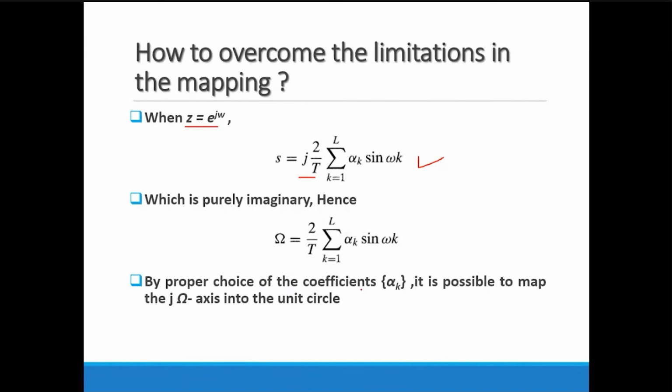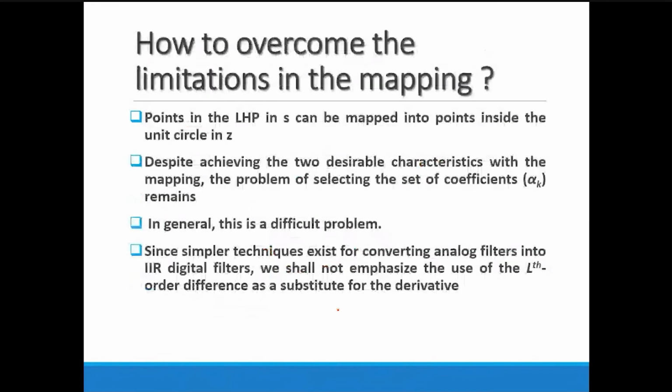By proper choice of the coefficients alpha k, it is possible to map the j omega axis into the unit circle. Points in the left half plane in S can be mapped into points inside the unit circle in Z. So our requirement is to design a stable digital filter from a stable analog filter.